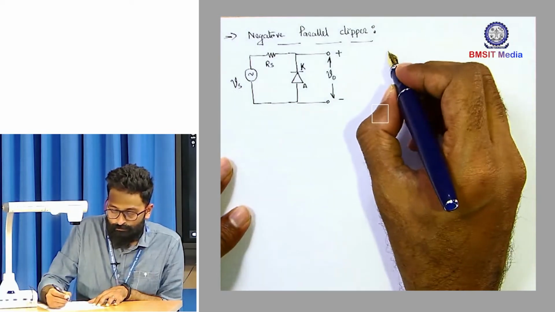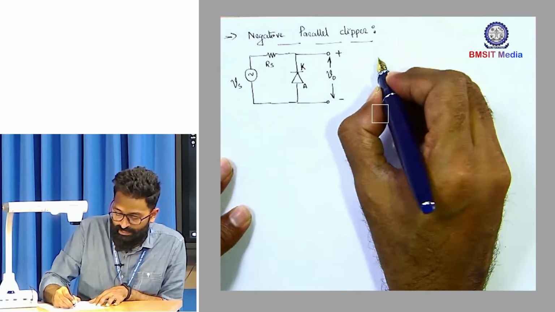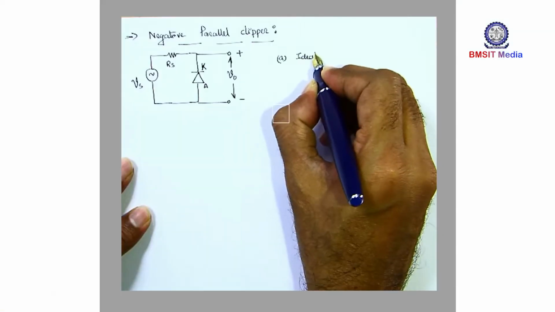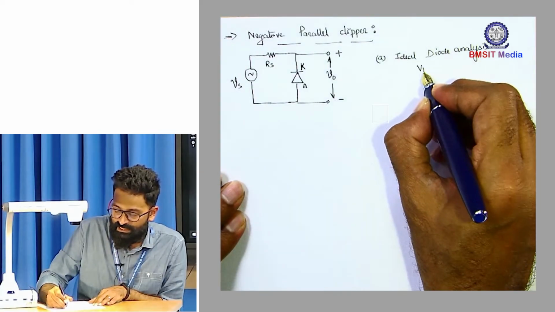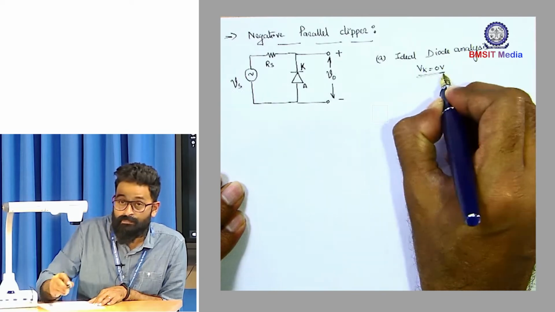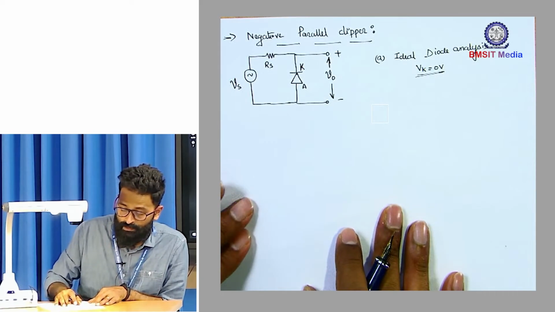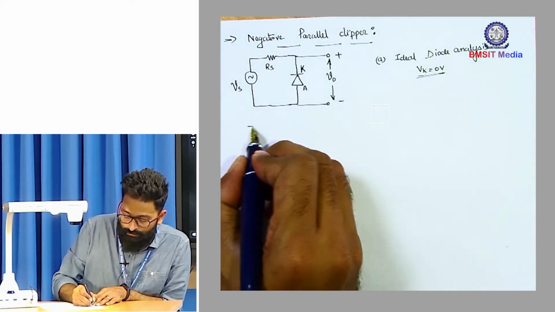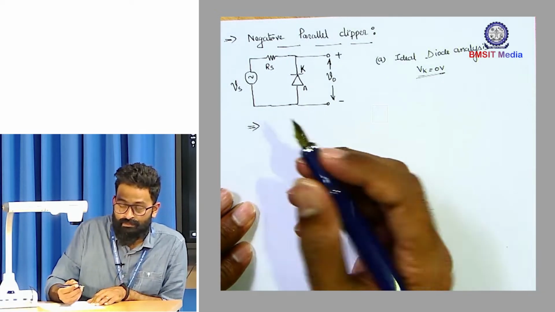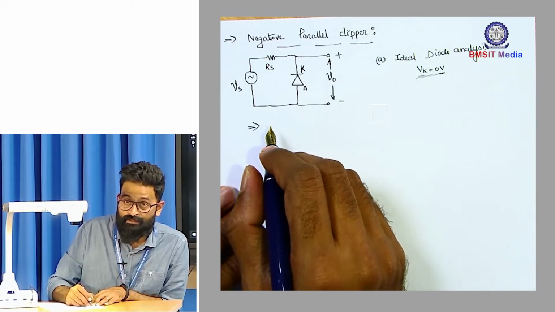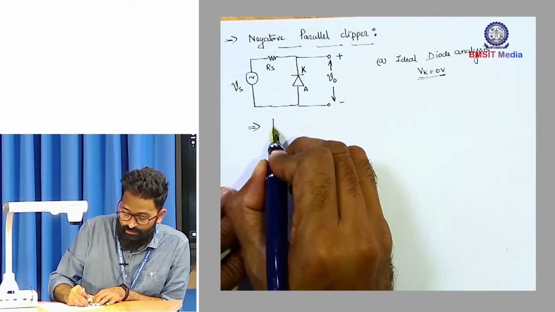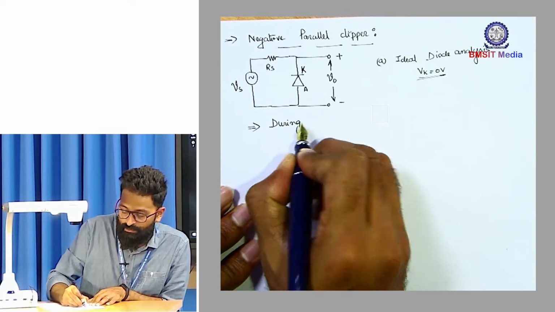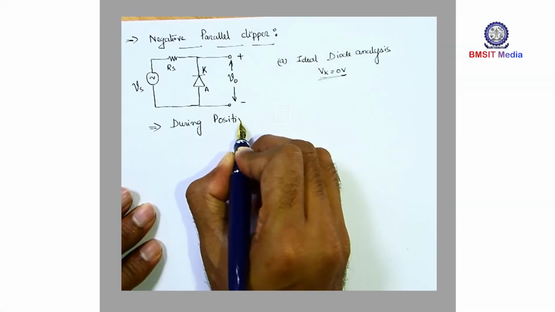So let me consider the ideal diode analysis, as in Vk is equal to 0 volts. Okay. So first let us analyze the circuit for a set of positive half cycle and then for a set of negative half cycle.